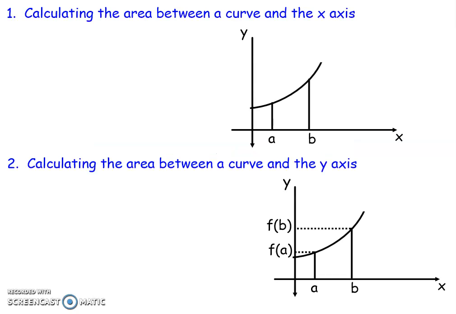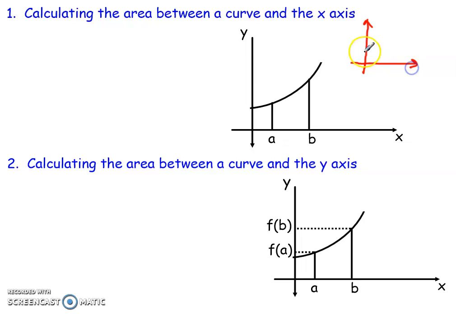So let's go back to integration as we covered it at higher, particularly calculating the area between the curve and the x-axis between 2 points. Let's imagine we look at a curve and we want to calculate the area between these points A and B. Let's break this down simply.